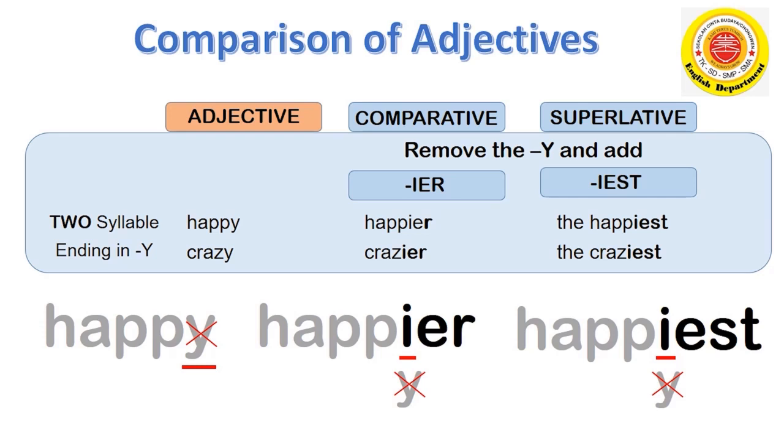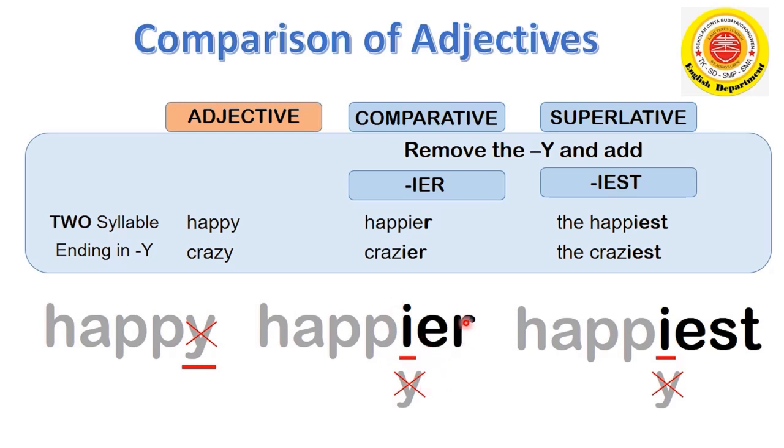And the adjective can also end in the letter Y. Adjektif juga bisa berakhir dengan huruf Y. We'll remove the Y and add IER. Jadi untuk yang berakhir dengan Y, kita buang Y-nya dulu, kita gantikan Y jadi I, and then we plus ER.